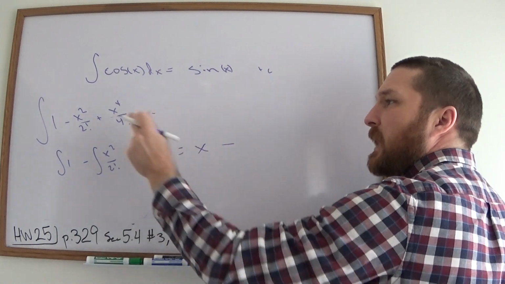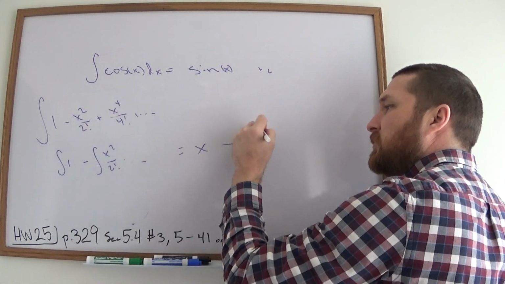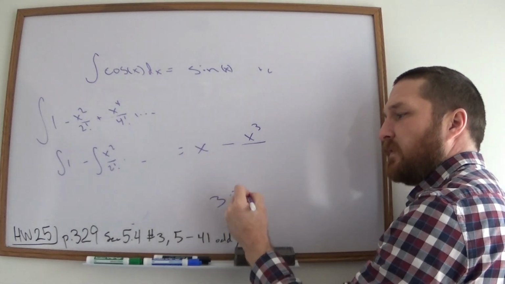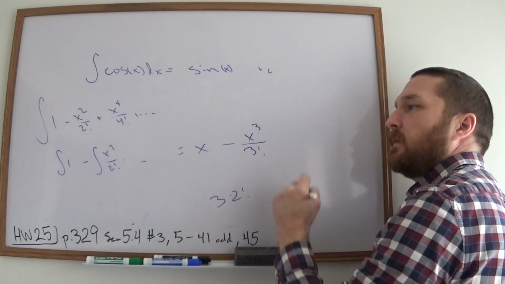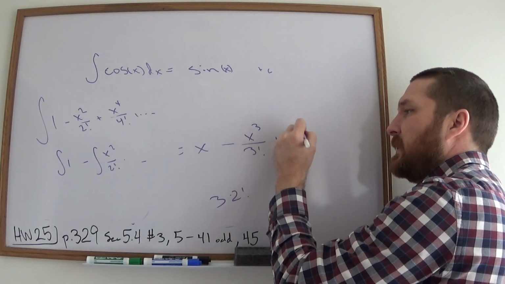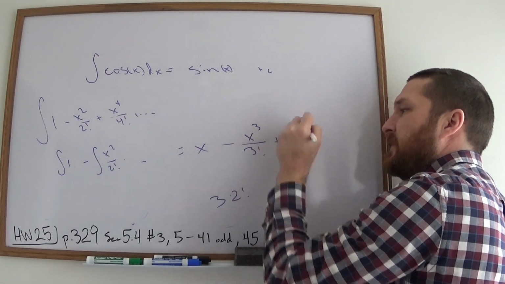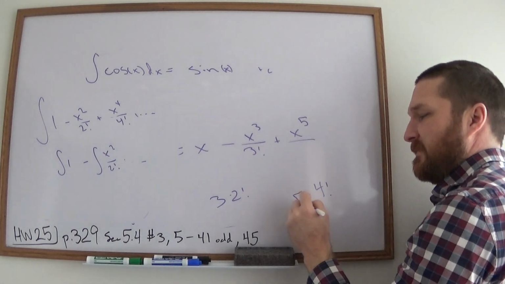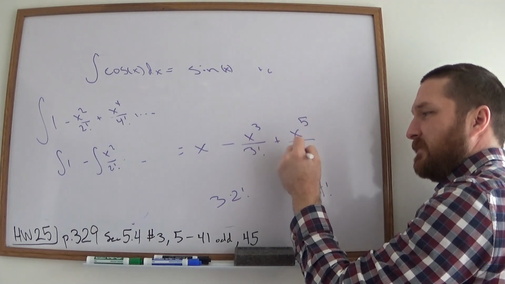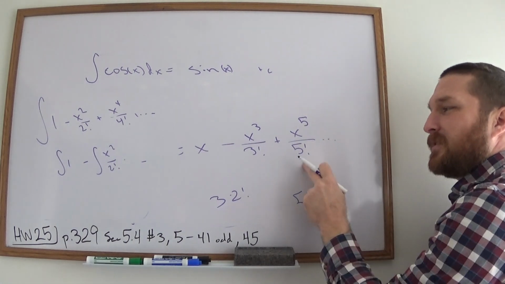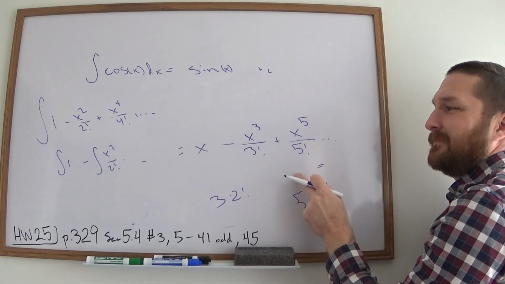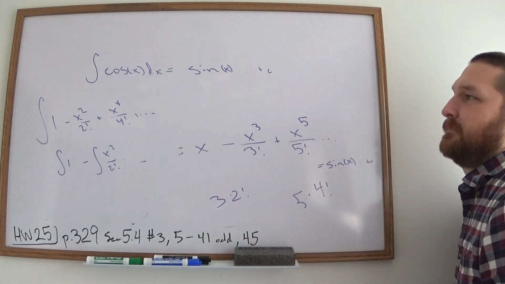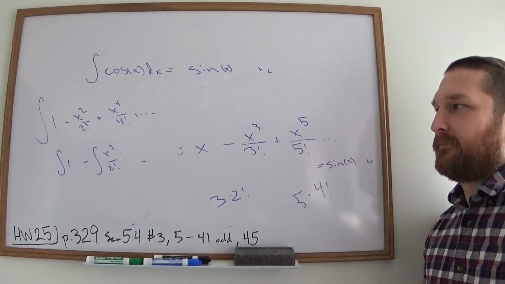The antiderivative of this would be minus x cubed, and 3 would have to go into the denominator, so that's 3 times 2 factorial, which is 3 factorial. Plus x to the 5th over 5 times 4 factorial, which is 5 factorial, and so on, which indeed is sine, plus a constant.